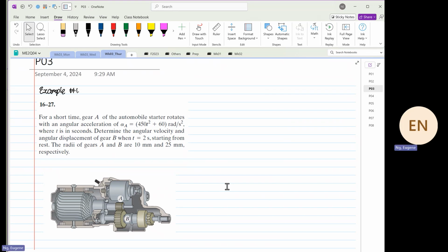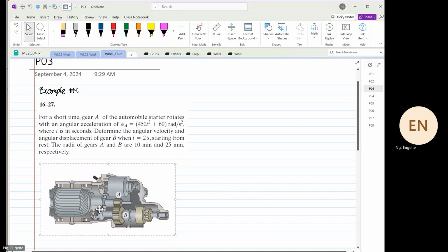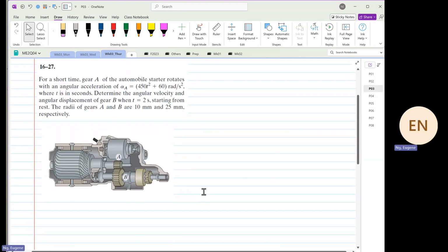Determine the angular velocity and angular displacement of gear B when t is equal to 2 seconds, starting from rest. The radii of gear A and B are 10 and 25 millimeters respectively. Okay, diagram below is the motor. As we know, here we see gear A and we see gear B.